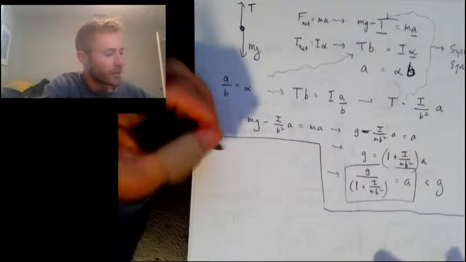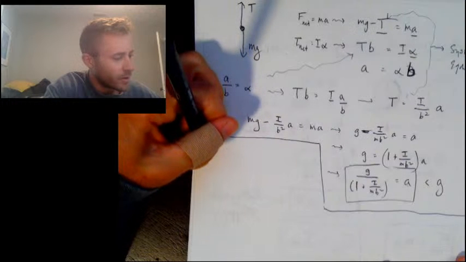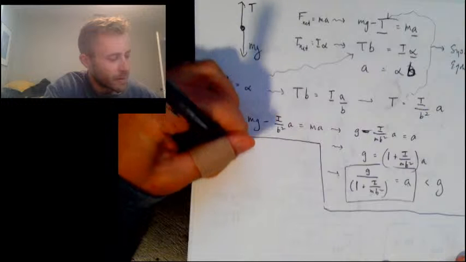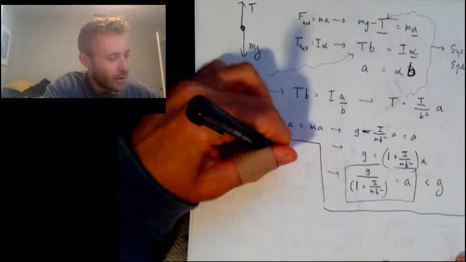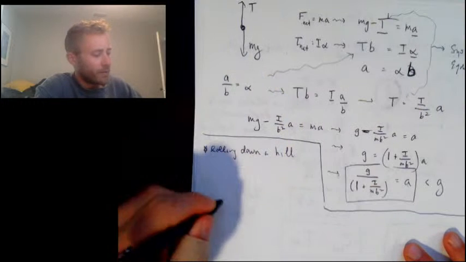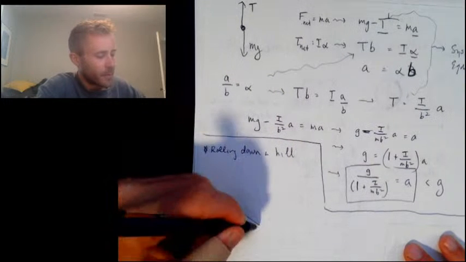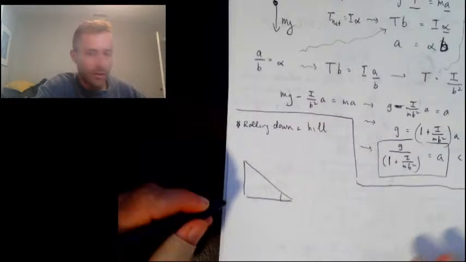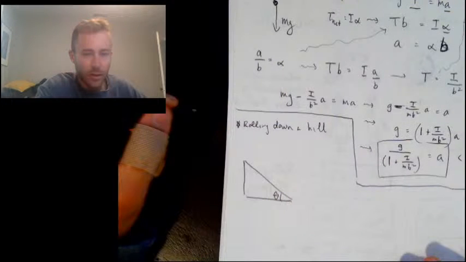The other thing I wanted to talk about is, this example is rolling down a hill. Okay. So we have some kind of a hill. The hill makes an angle theta with the horizontal.